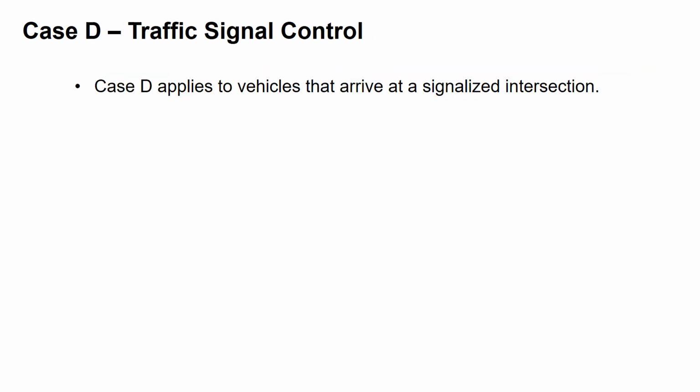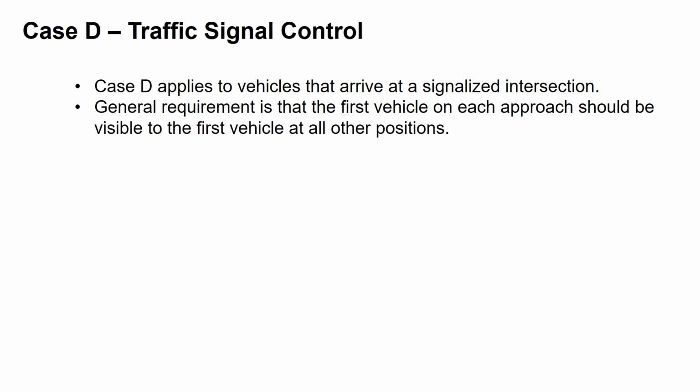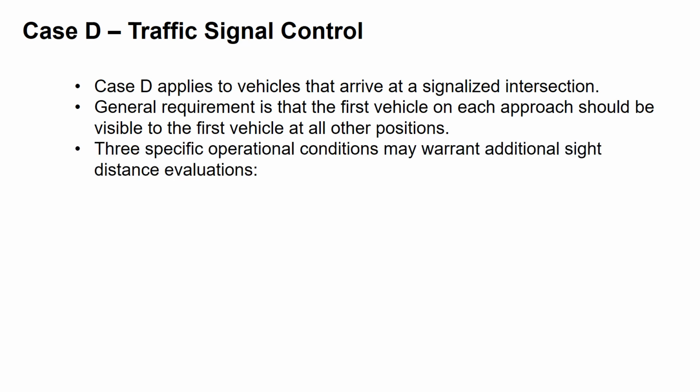For traffic signal control, this is vehicles that arrive at a signalized intersection, and the general requirement is that the first vehicle on each approach should be visible to the first vehicle on all other approaches. That's a pretty standard arrangement of an intersection, and that allows drivers to be able to see those opposing and potentially conflicting vehicles.